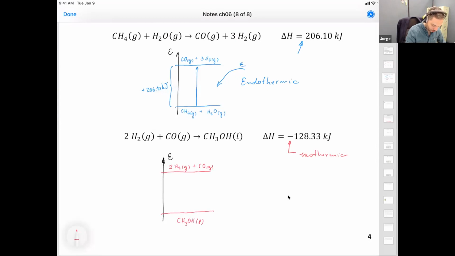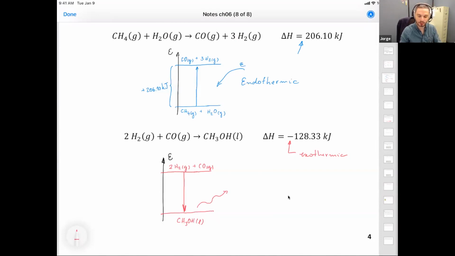And the reaction goes from higher energy to lower energy. That means energy is being released from the system to the neighborhood.